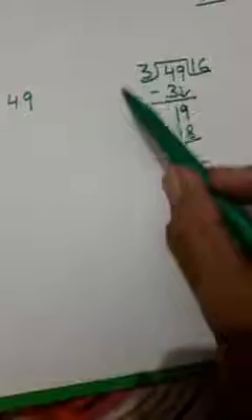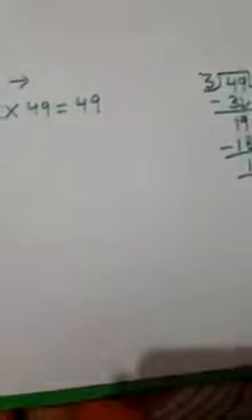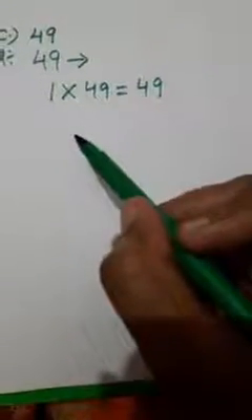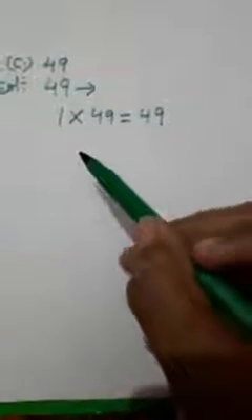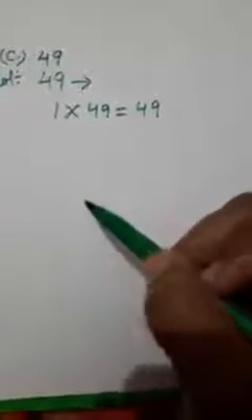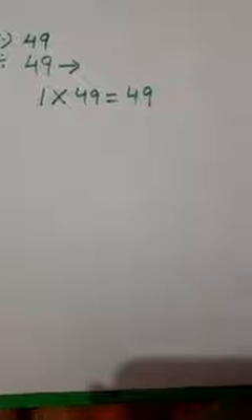See, we are getting a remainder. It means 3 is not the factor of 49. So we can't take 3 here. By 4 we will not check because it is not divisible by 2. It will not be divisible by 4, 6, 8 also.